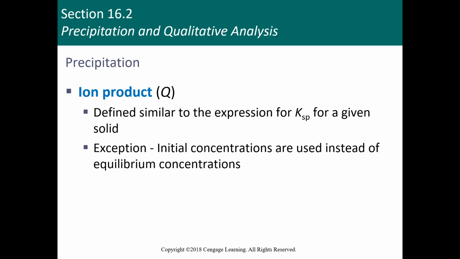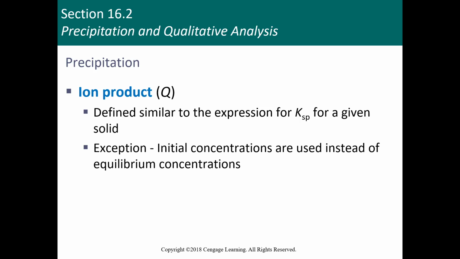So what you can do is use what is called the ion product, which is Q. This is going to be defined with a similar expression to KSP for any given solid. So it's going to have that same equilibrium expression, but it's not going to be for an equilibrium. It's going to be for whatever position you want to look at.